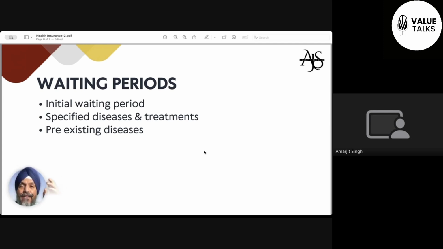Different companies have different lists of these specified diseases. Usually about 15 or 16 such diseases are mentioned in the policy, which are not covered for some period. These specified diseases are usually covered after 2 years. Few policies give coverage after 1 year also, and few policies put a specific waiting period for certain specified diseases like knee replacement, etc., more than 2 years, up to 3 years.